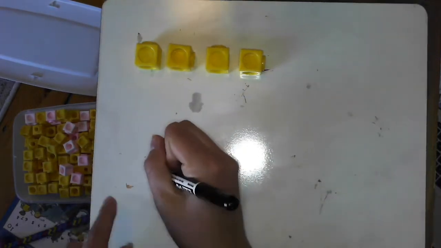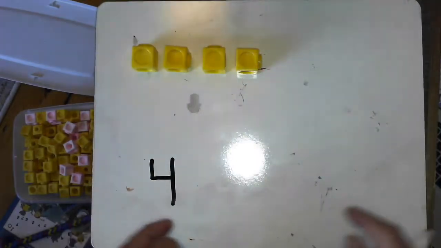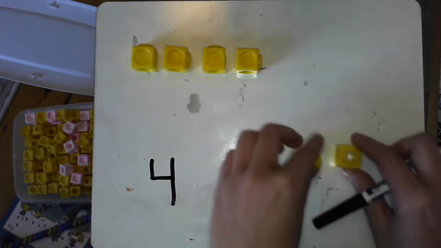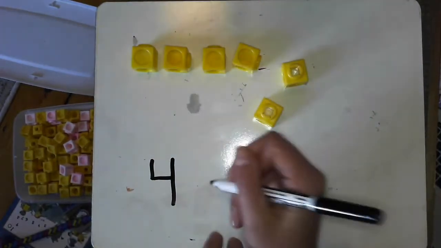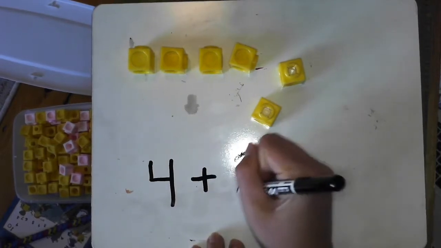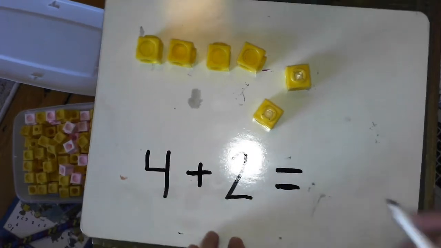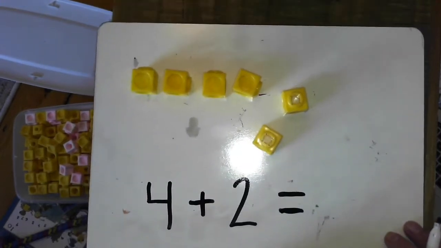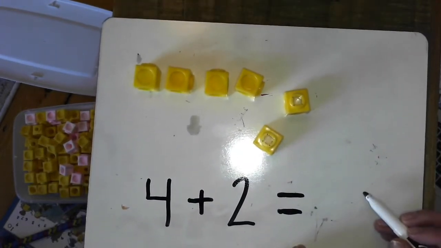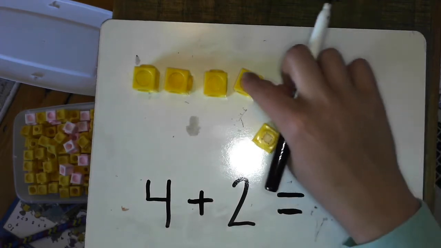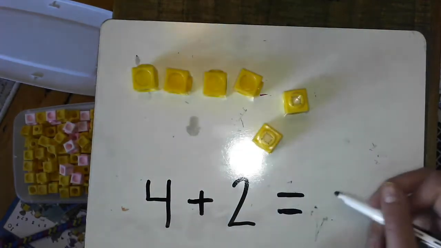I had 4 squirrels to start. Then 2 more joined. Hey, we're here to join. Plus 2 more squirrels equals, that's that balancing sign. That means that it's the same. Equals how many squirrels? 1, 2, 3, 4, 5, 6.